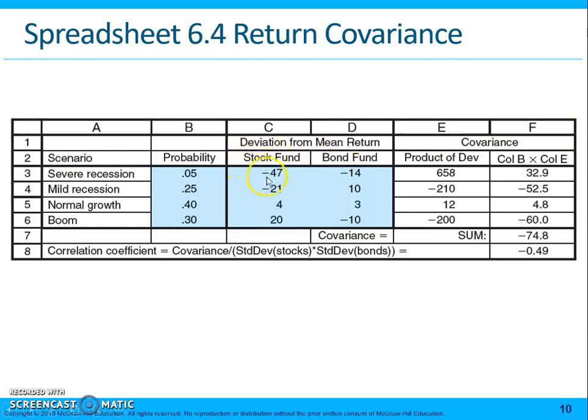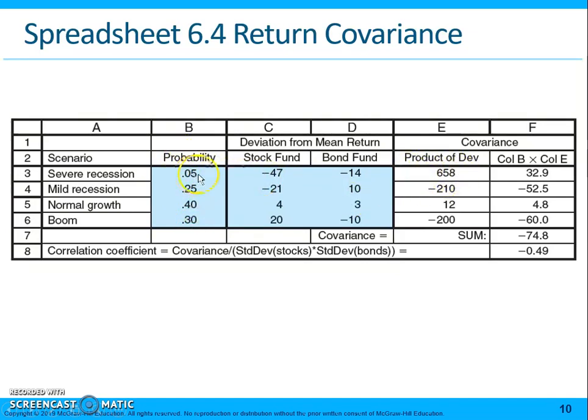We actually calculated these before, but this is the 37% loss minus the expected return of 10%. This is the 9% loss minus the expected return of 5%, and so on down the line. We multiply those together and multiply them by the probability, and we get this.